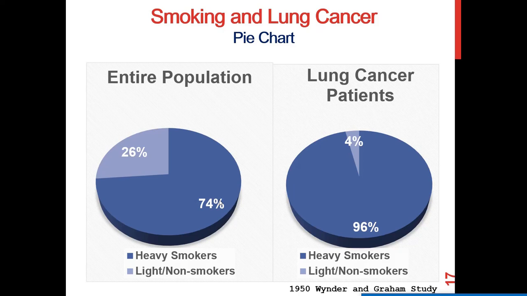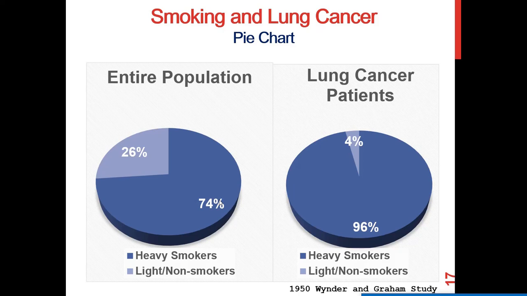But we can see here that when we are talking of the entire population, the proportion of smokers is 74%. However, if I focus on lung cancer patients, then almost everyone is coming from a smoker group, the heavy smoking group. 96% of the people are from the heavy smokers group, which means that smoking and cancer are somehow related.